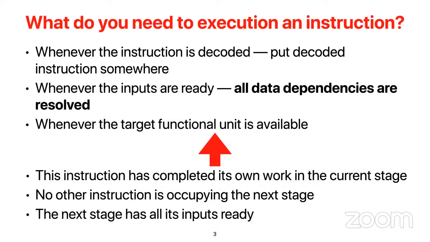So there are three things you have to check: the instruction has completed its own work right now, no other instruction is occupying the next stage, and the next stage has all its input ready.